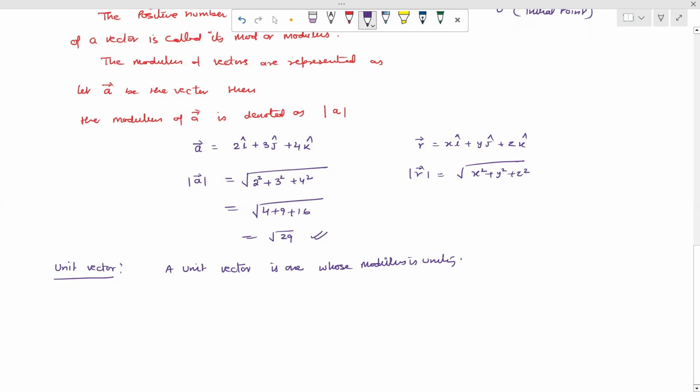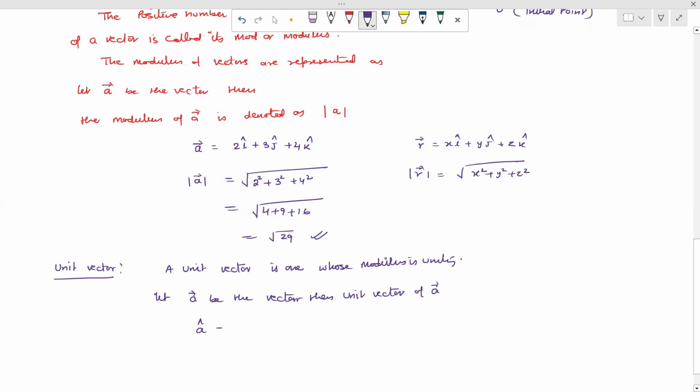So we can represent it: let A be the vector. Then the unit vector of vector A we write as A cap.